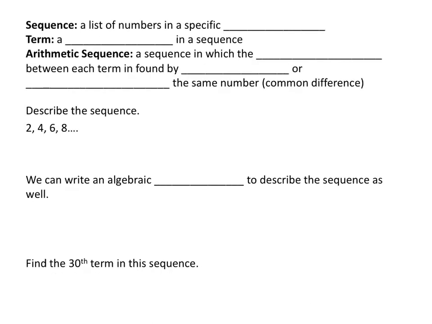So let's get to the nitty-gritty a little bit more. A sequence is a list of numbers in a specific order. Now, sequences can come in lots of different orders, but there has to be some sort of rule or pattern to them. A term is just a number somewhere in a sequence.